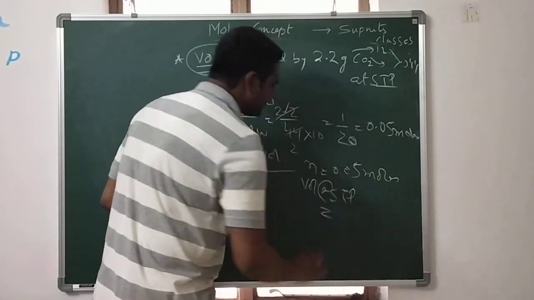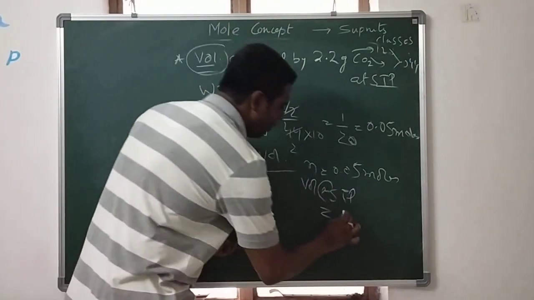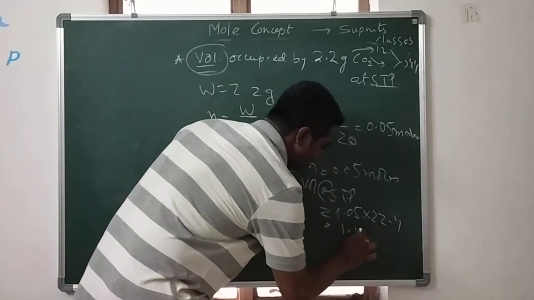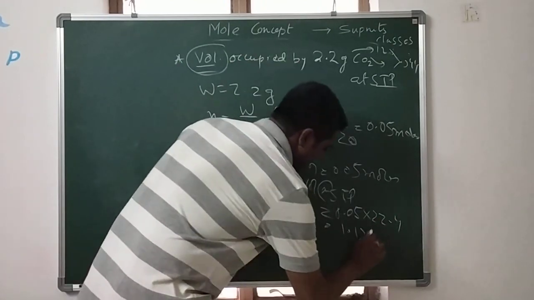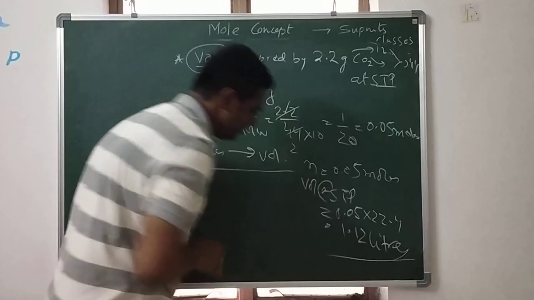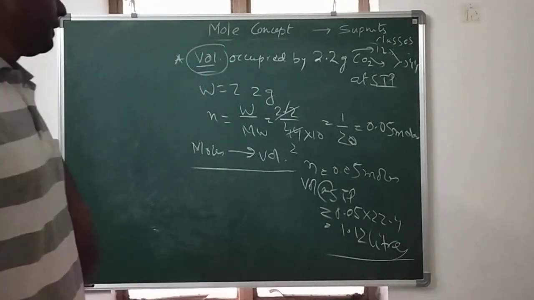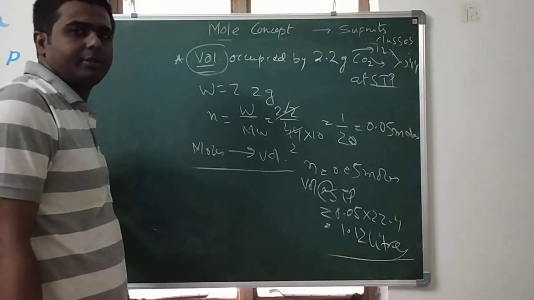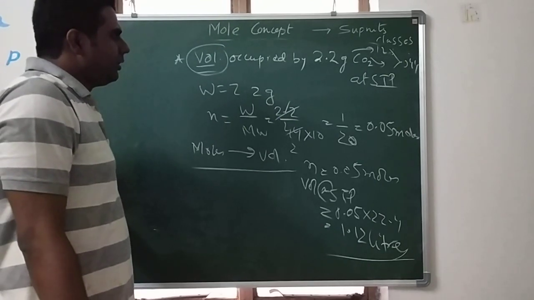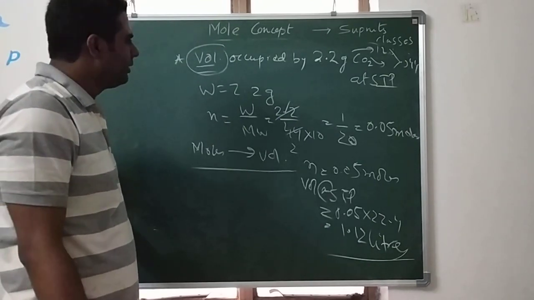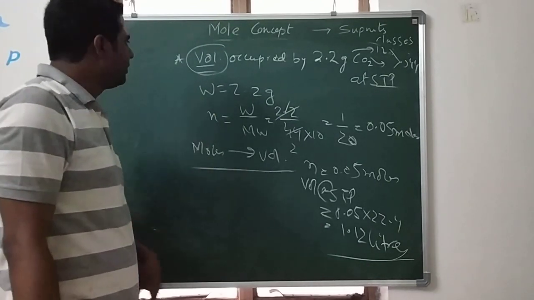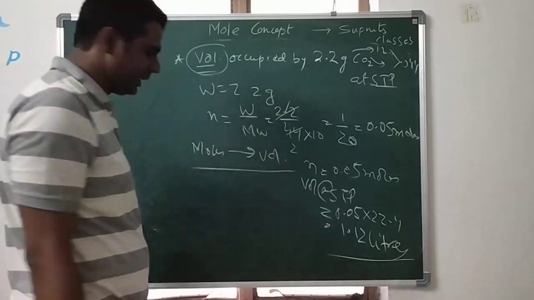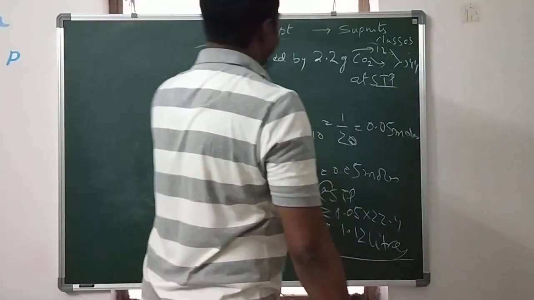Remember, carbon dioxide is a gas. That is why you can multiply 22.4 by 0.05, which is 1.12 liters. Okay? You have to calculate moles first, then keep finding the moles and applying the answer. Okay, let's do the next one.